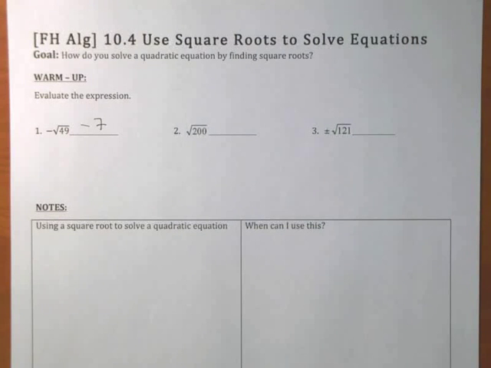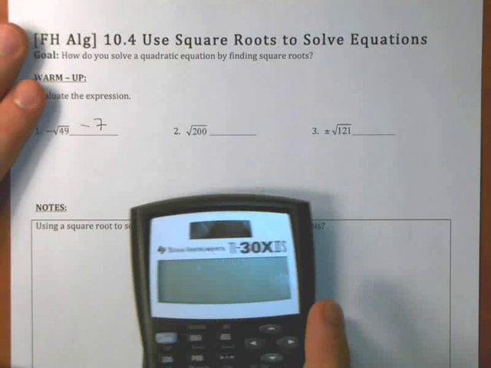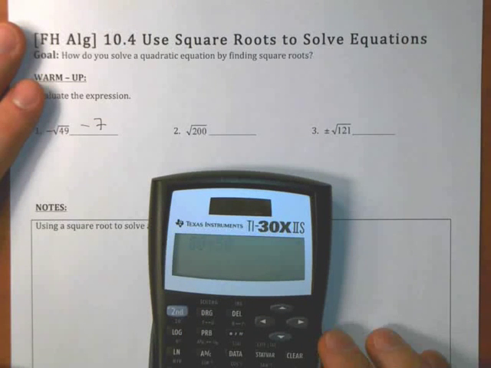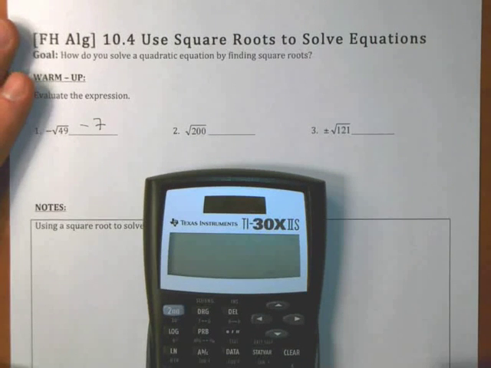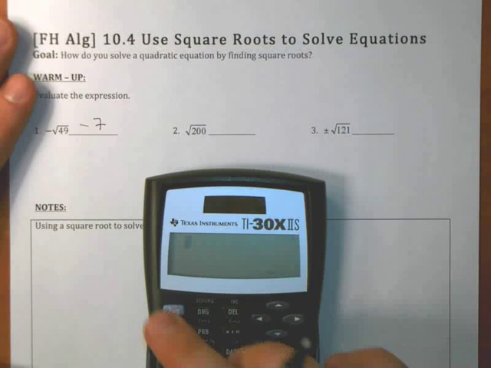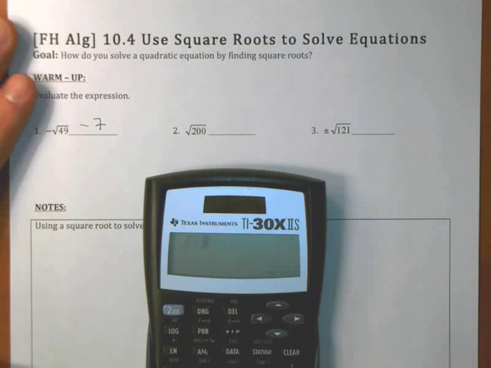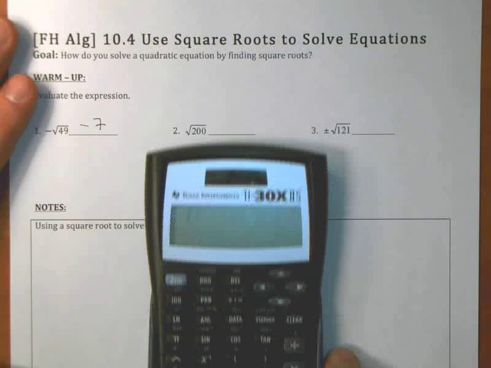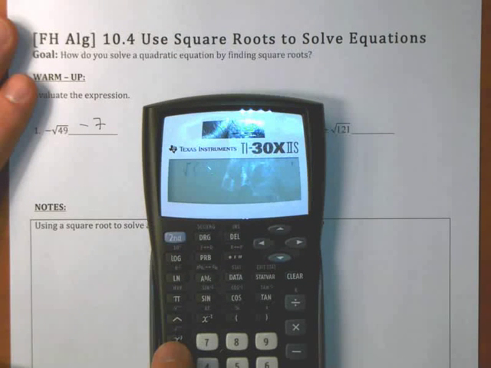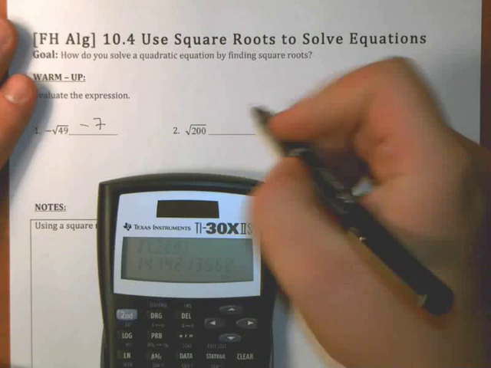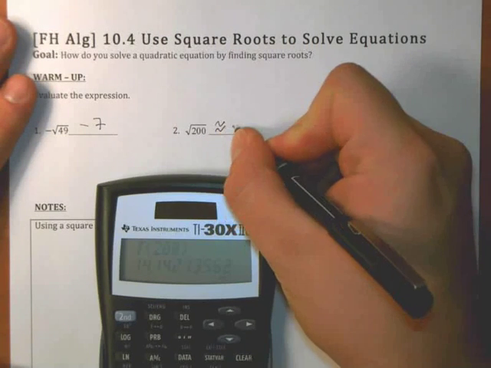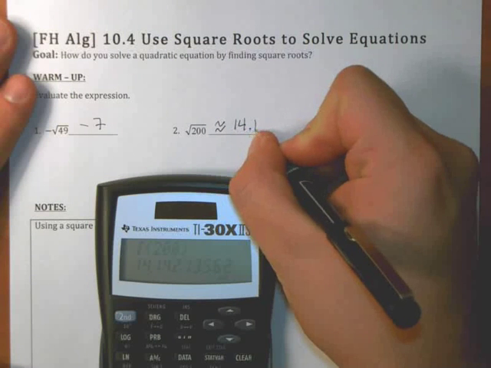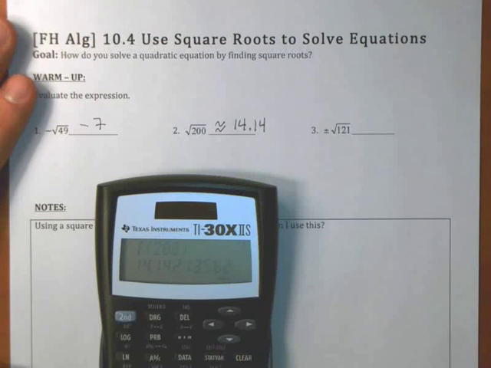On a scientific calculator, we could do square root, which is second of the square button, second and square root of 200, close parenthesis, hit enter, and it's approximately 14.14.